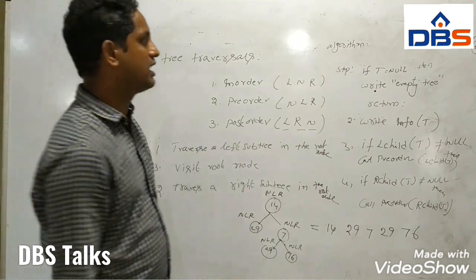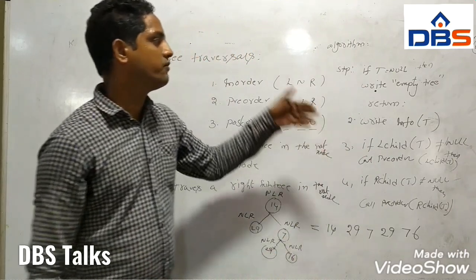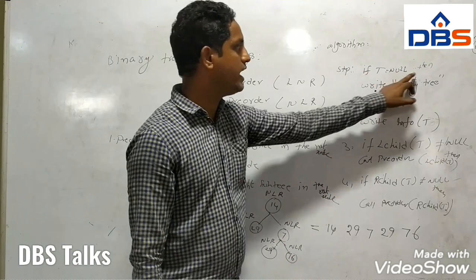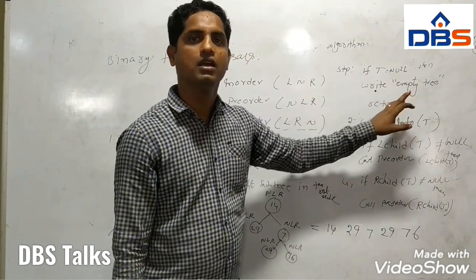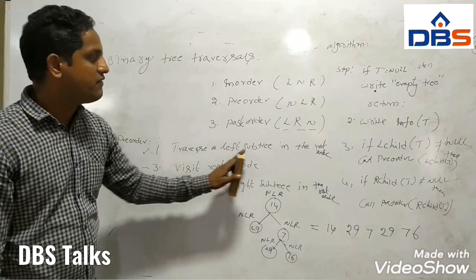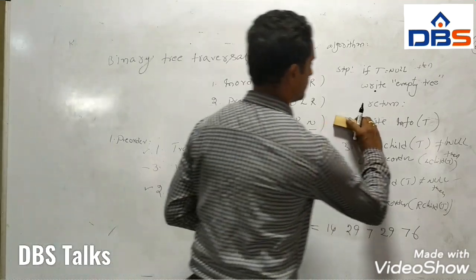Okay. Now we go for the algorithm. Step one is common. First, we check whether the given tree is empty or not. If t equal to null, then write empty tree and return. Then second one is traverse the left subtree of the root node.